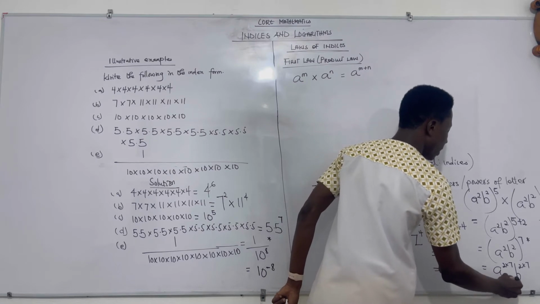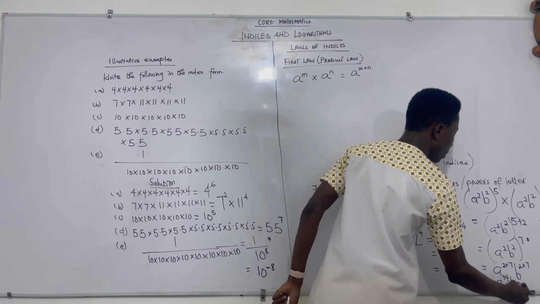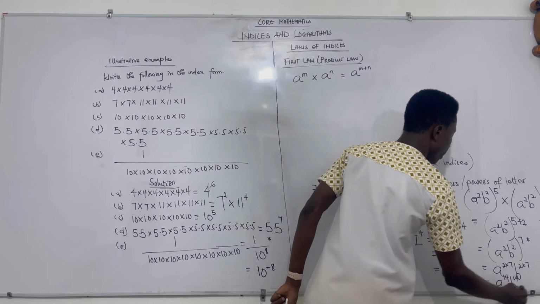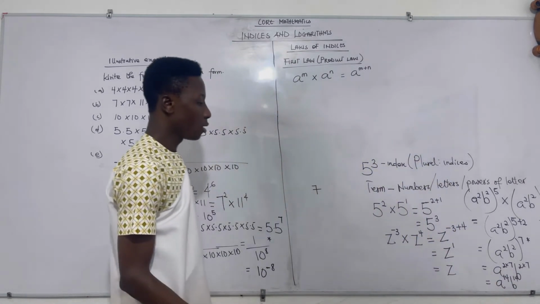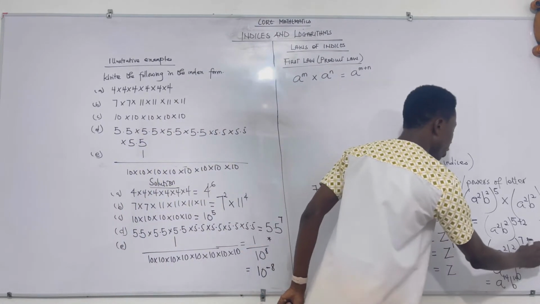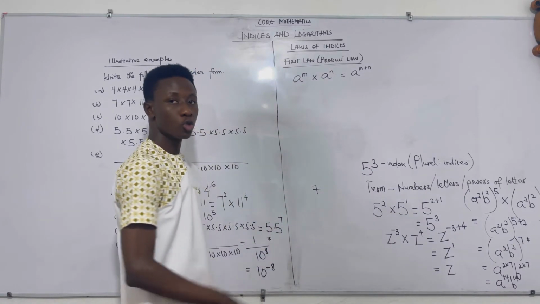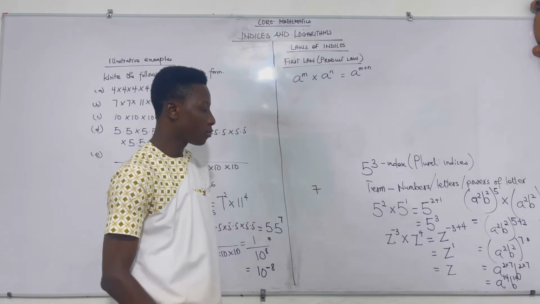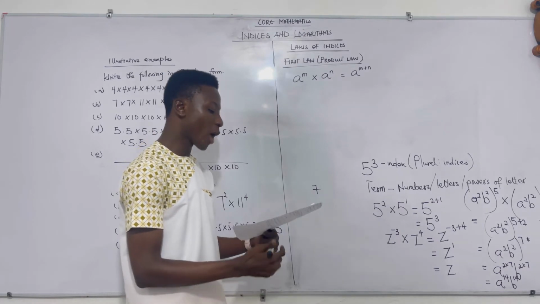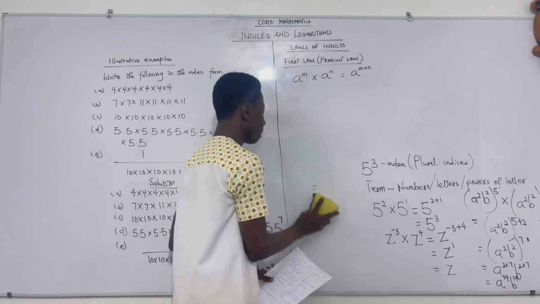So you would have a to the 14, b to the 14, and that is it. I don't really want you to bother yourself to this extent. When you get to the asterisk, just have your peace. When we go to the power law, you would understand better. But let's take a look at some illustrative examples.